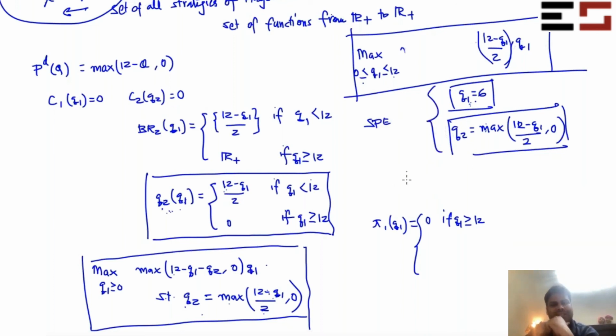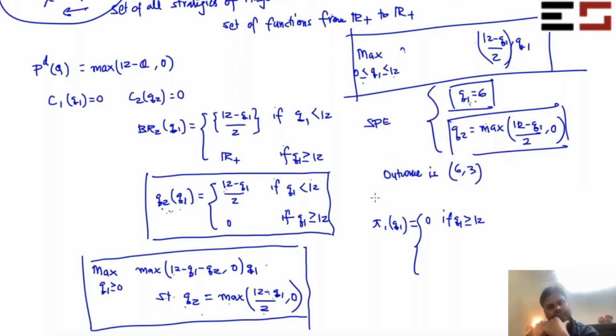What is the subgame perfect equilibrium outcome? It is 6 comma, so what is the outcome path? If player 1 produces 6, player 2 produces 12 minus 6 by 2, which is 3. So this is the outcome.